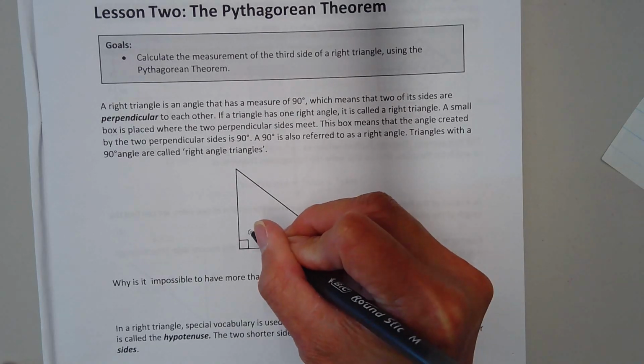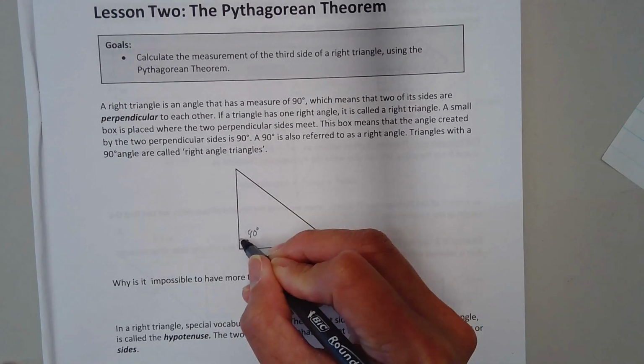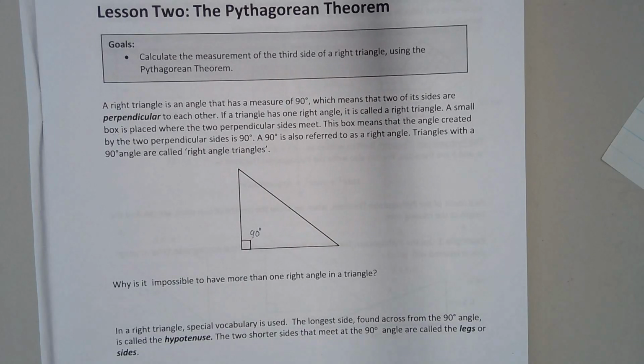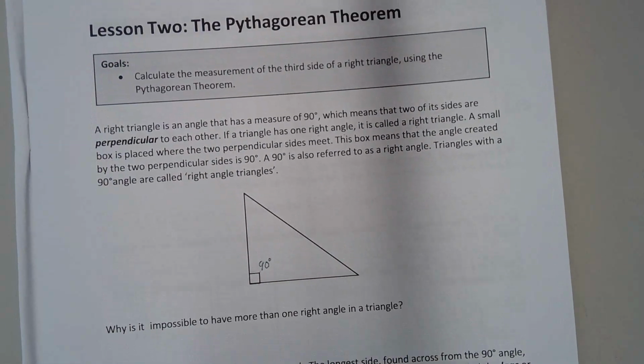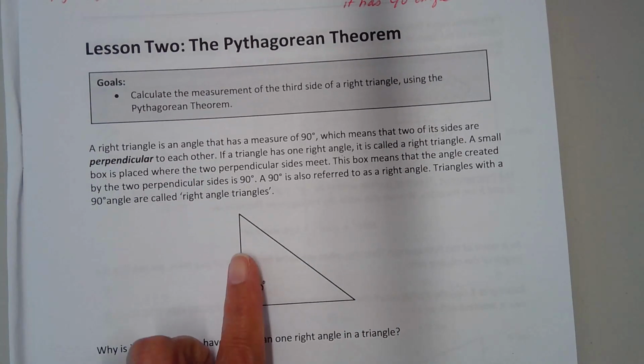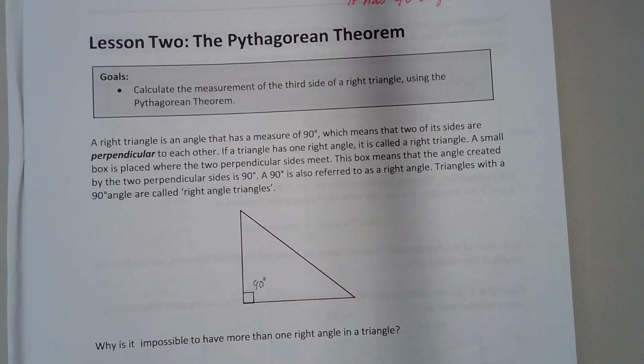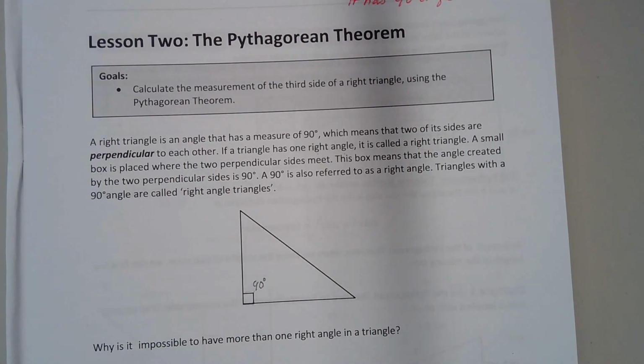So when you see a square, it automatically means 90 degrees. A 90 degrees is also referred to as a right angle. A triangle with 90 degrees is called a right angle triangle or right triangle.